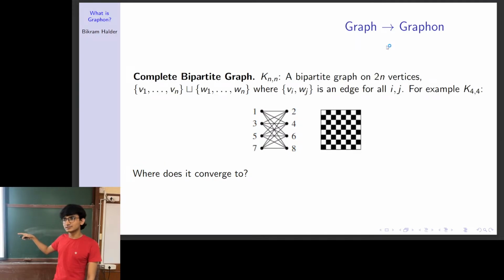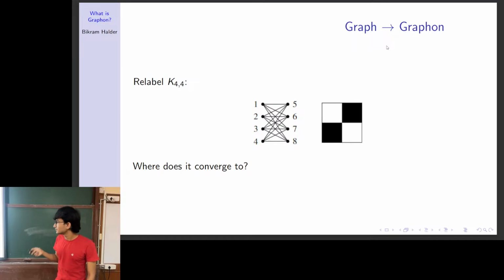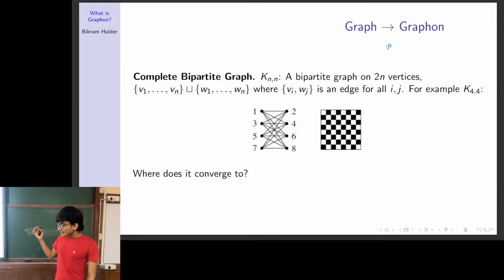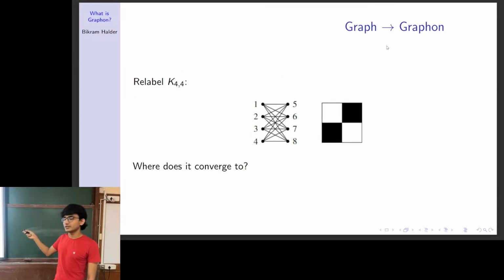Then what's the problem with this? Let's look at this. I will tell you what will happen later. So actually, what does it mean for this image to converge to this?